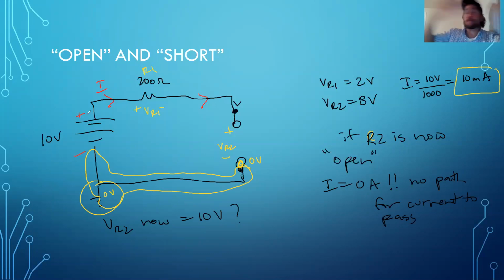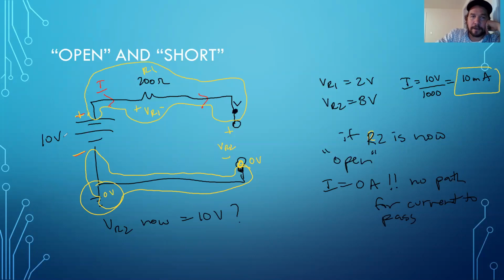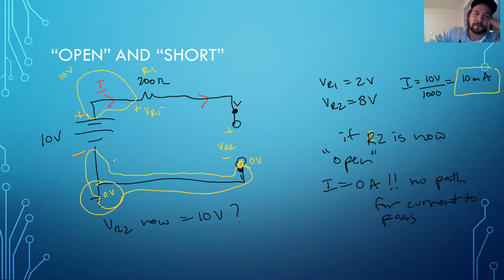Up here, even though there's no current flowing, there is a potential difference because of our battery. I think we're okay with saying that everything here is equal to 10 volts relative to ground, all right?